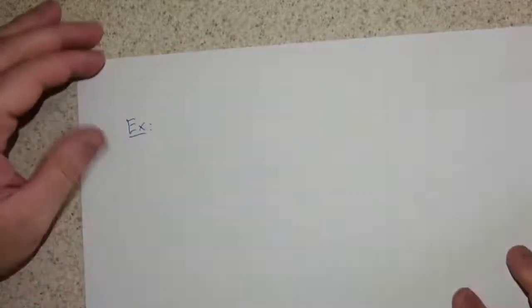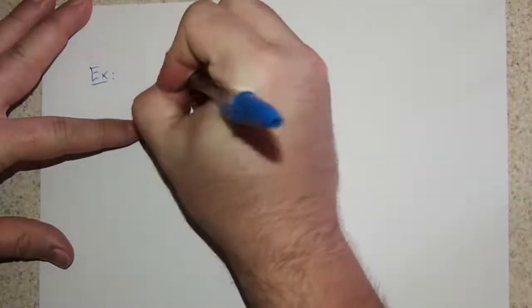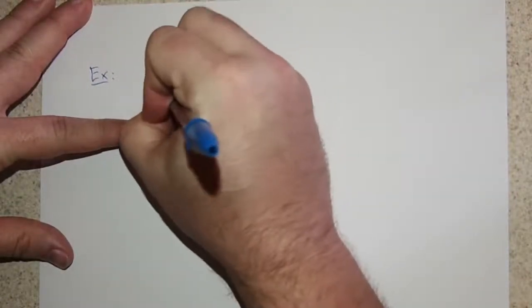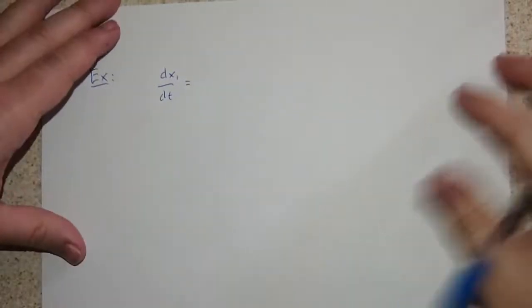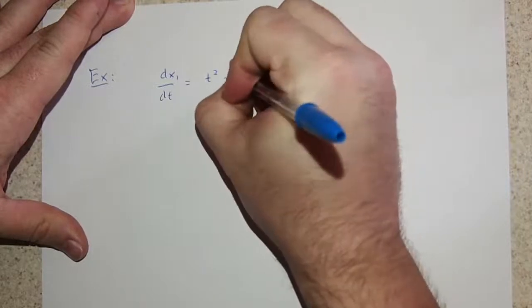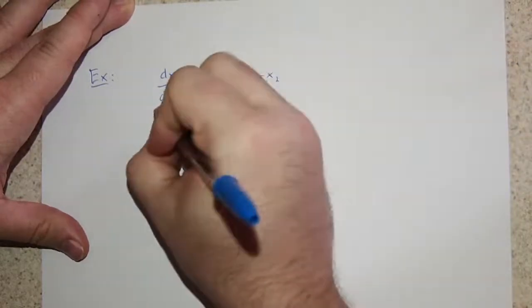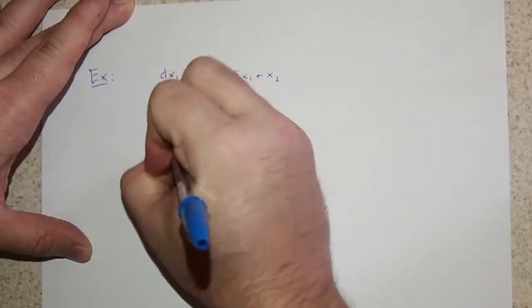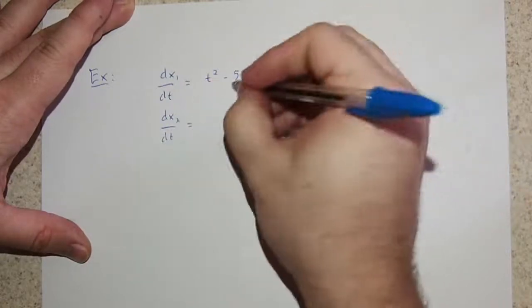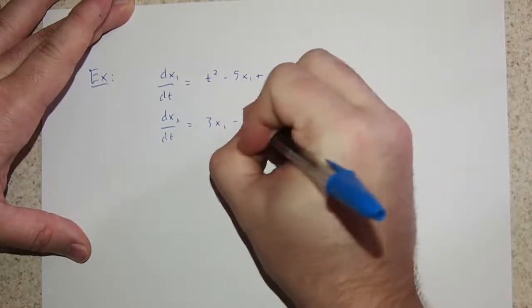So let's look at an example. Let dx1 dt be equal to, say, t squared minus 5x1 plus x2, and dx2 dt is equal to, say, 3x1 minus x2.